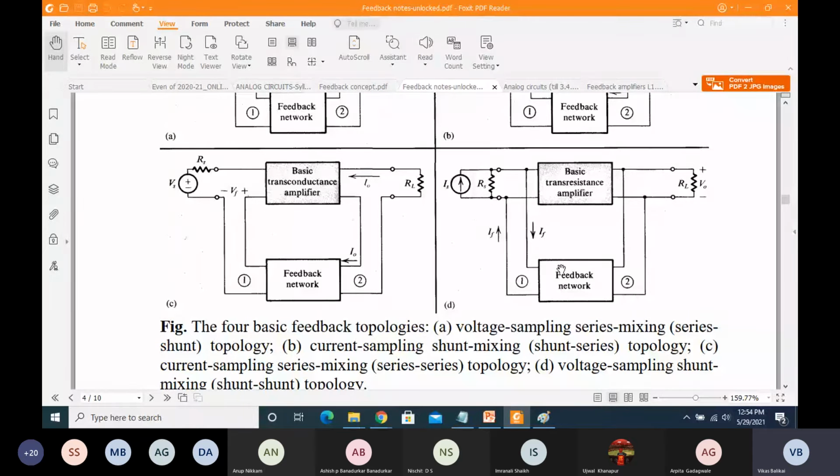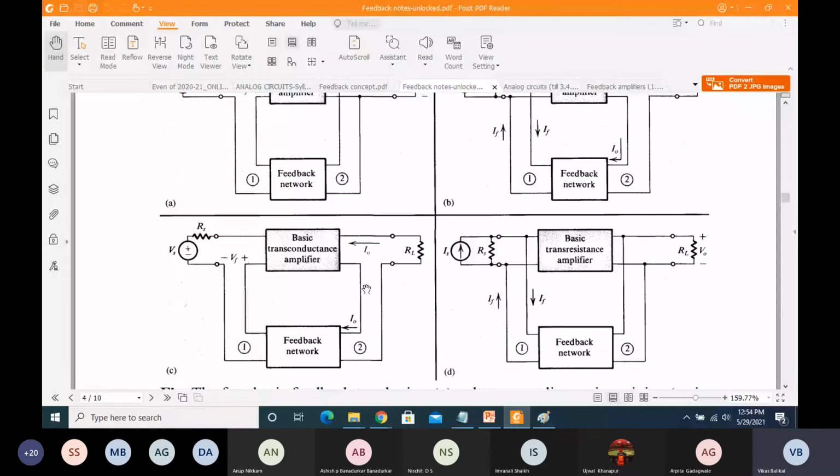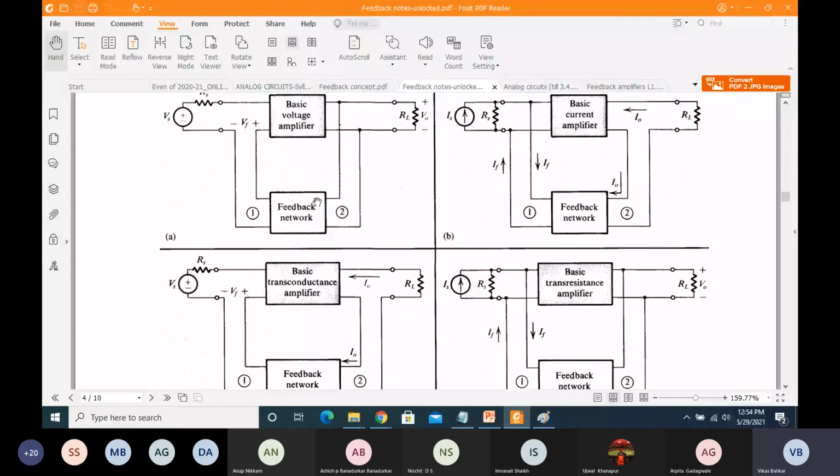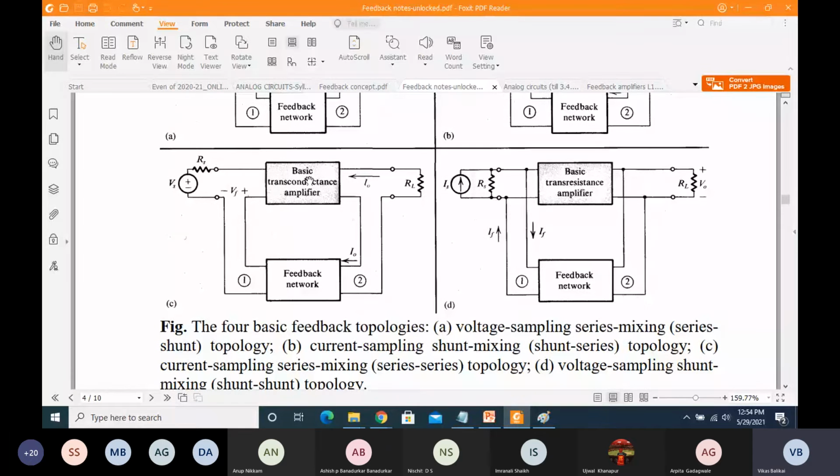There are three sets of names and all the four diagrams. For all these four circuits, we are going to have a discussion wherein we talk about R-in, R-out and the gain of this voltage amplifier. Similarly, with respect to the current amplifier, R-in, R-out and gain, and R-in, R-out and gain of the transconductance amplifier, and R-in, R-out and gain of the transresistance amplifier.